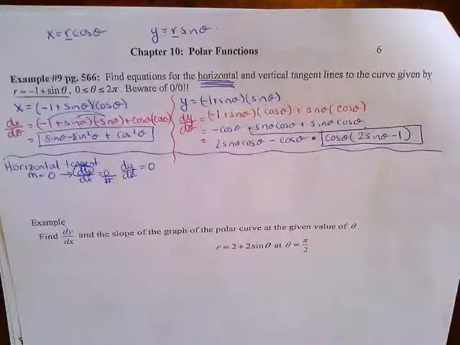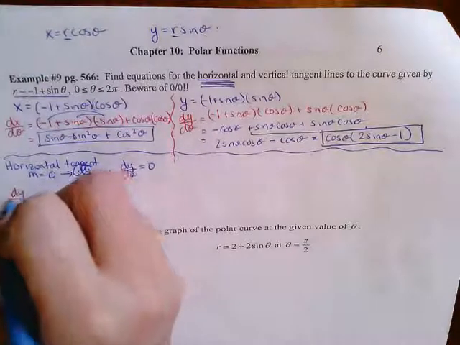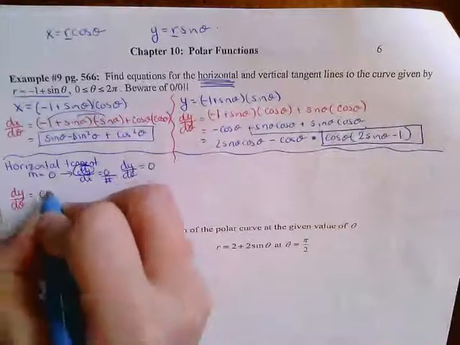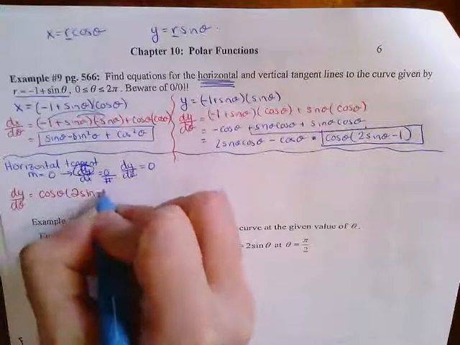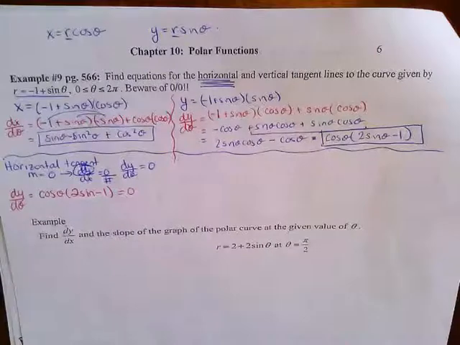So dx d theta can't be 0, but this guy is 0. So since we've already solved for dy d theta, dy d theta was right there. Cosine of theta times 2 sine minus 1. We can set it equal to 0.